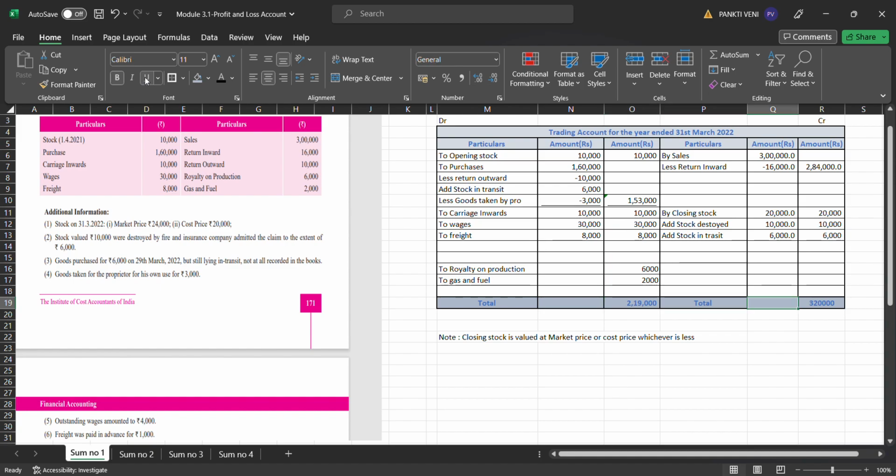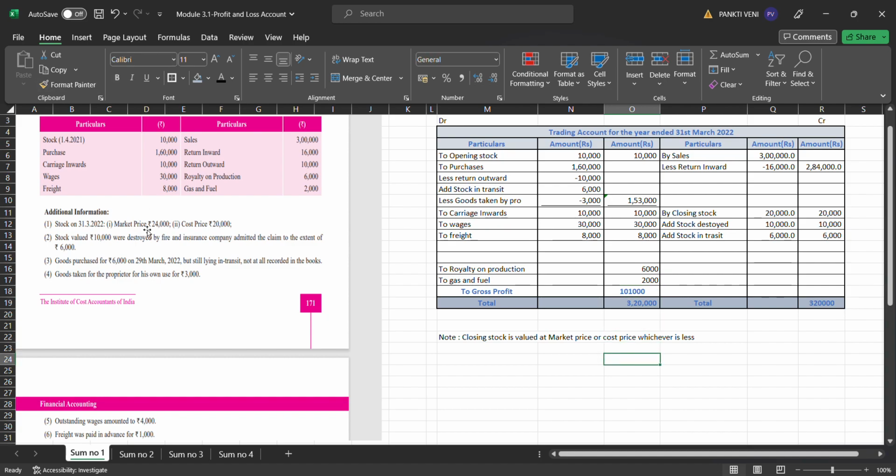Two lakh 19,000 and 3,20,000 here. So what I'll do, I'll find out my gross profit. My gross profit is 3,20,000 minus 2,19,000. So 1,01,000 is my profit amount which I'm getting.